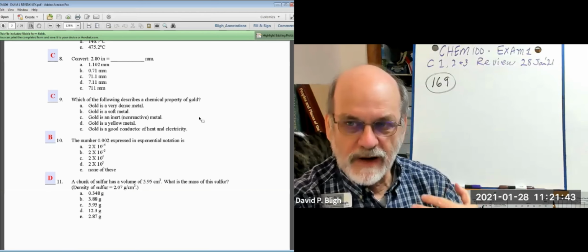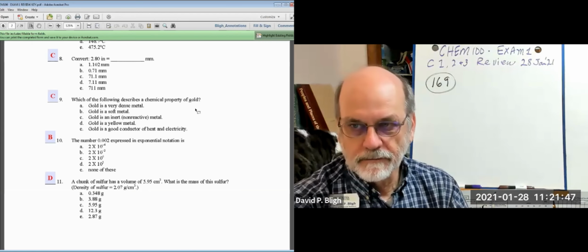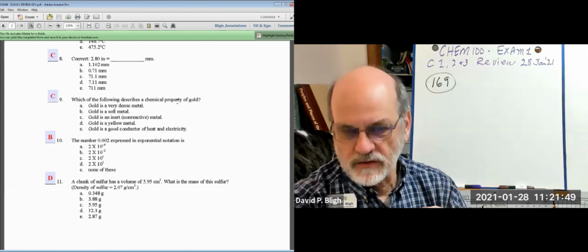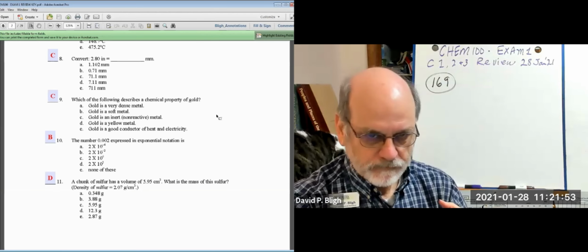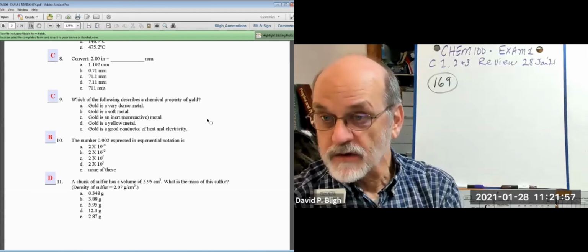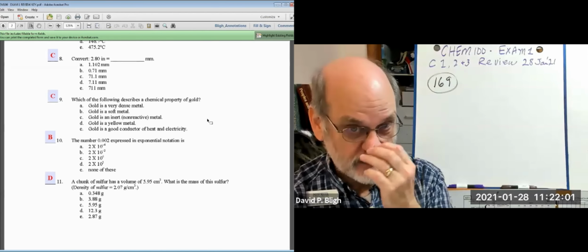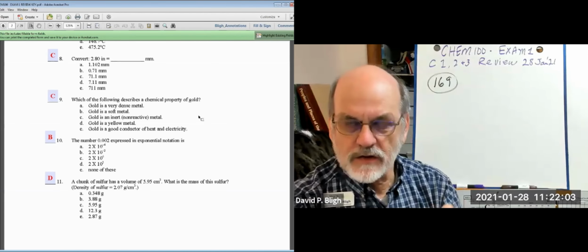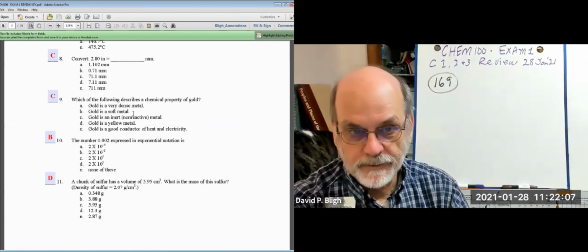Property refers primarily, a good way of thinking of it is potential. What is the chemical potential of gold? Well, in order to be a property, we have to eliminate anything referencing change. That's not considered an expression of potential.